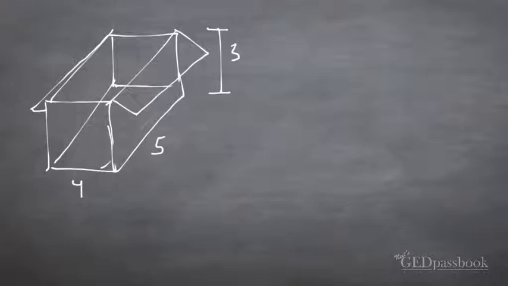He's ordered a couple boxes to be sent to his house. The boxes that they send measure 4 feet by 5 feet by 3 feet. Big boxes. You could live inside of those. So 4 feet by 5 feet by 3 feet.